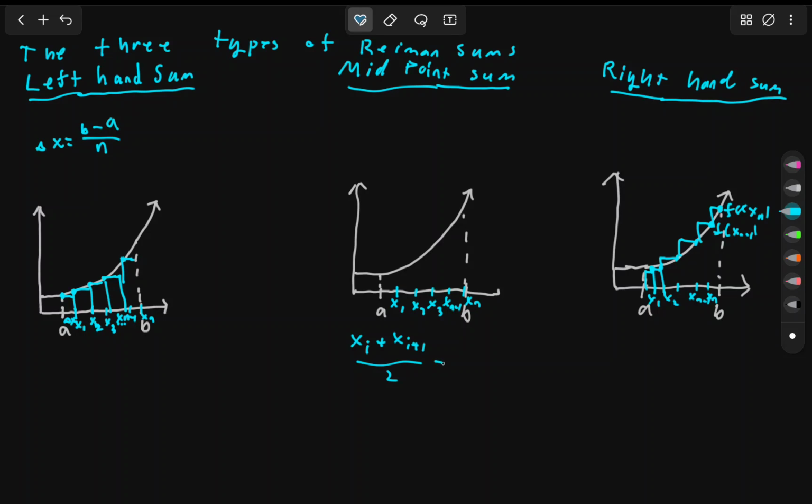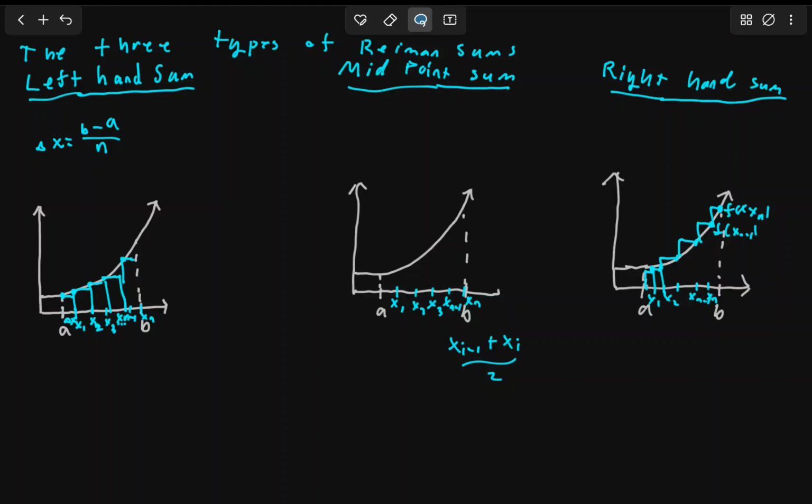Another way to write this, and what might be better understood, is x_{i-1} plus x_i divided by 2. Either of these two options should work, because the left one more or less represents a left-hand sum, and the right one will represent a right-hand sum in the way of writing it. So I'm actually going to erase this first left option.